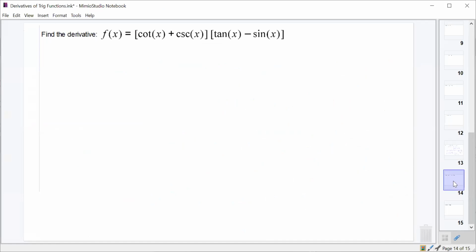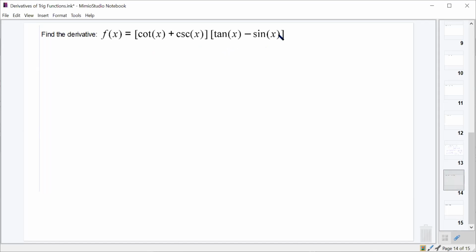What about this one? How are we going to find this derivative? Well, we have two options, right? The first option is this is a function times another function, so we could just use the product rule.